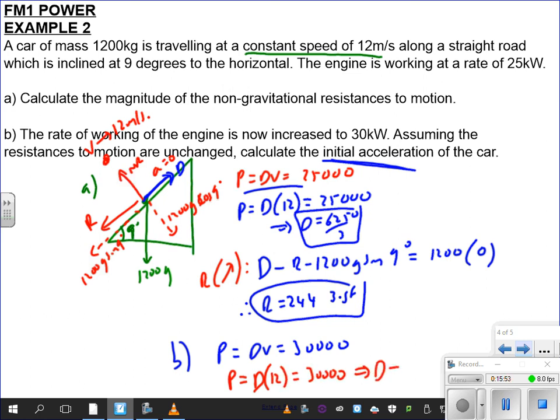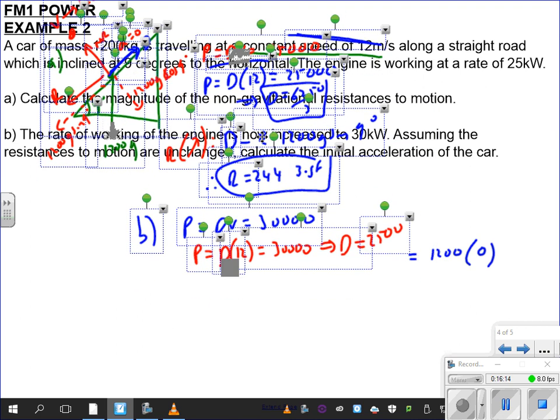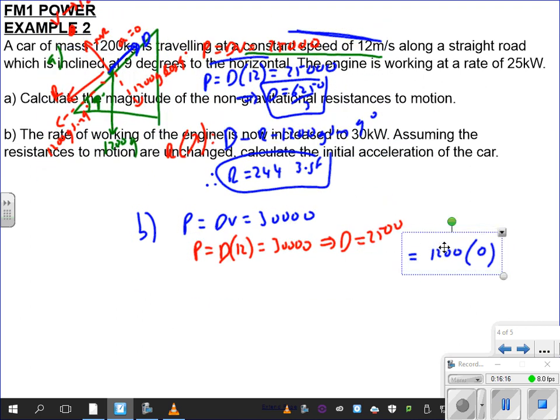So if I find driving force, my driving force is 30,000 divided by 12, so 2,500, right? Just move this up. So D equals 2,500.